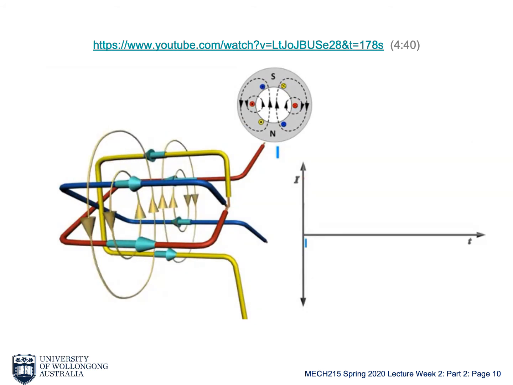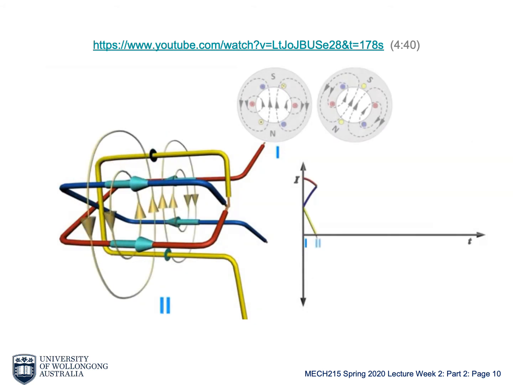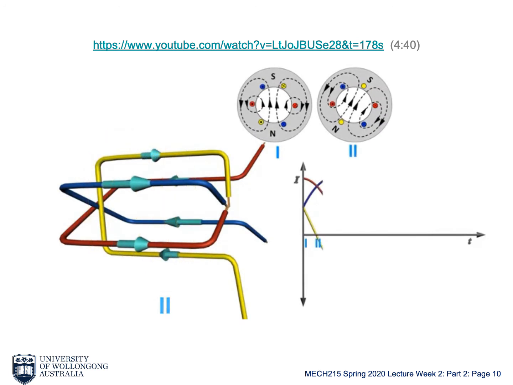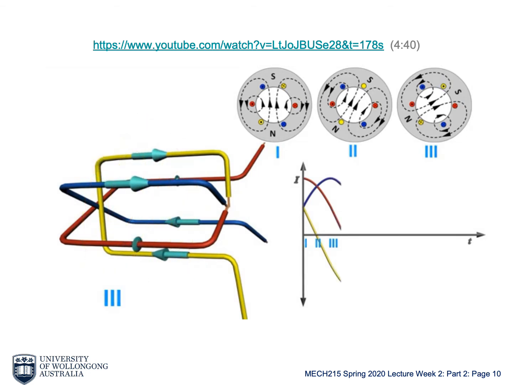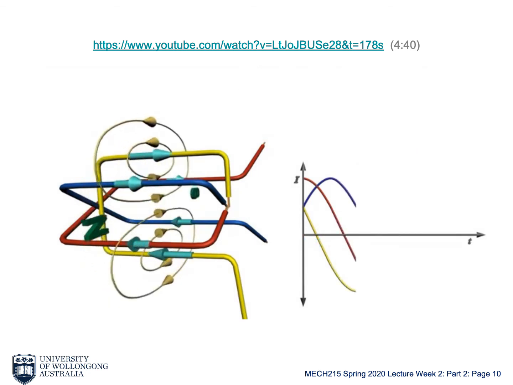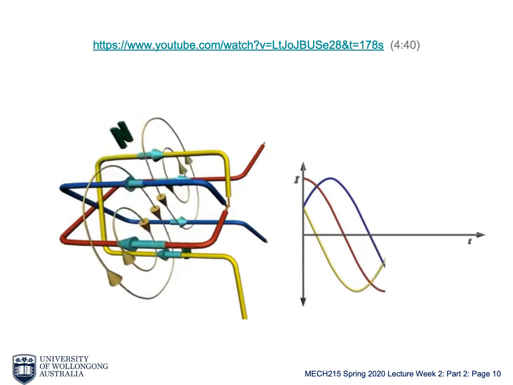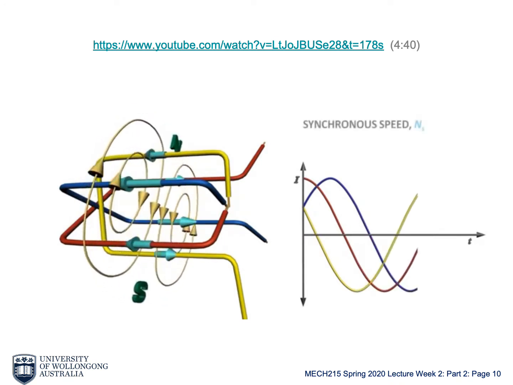With variation in AC current, magnetic field takes a different orientation as shown. From these 3 positions, it's clear that it's like a magnetic field of uniform strength rotating. The speed of rotation of a magnetic field is known as synchronous speed.